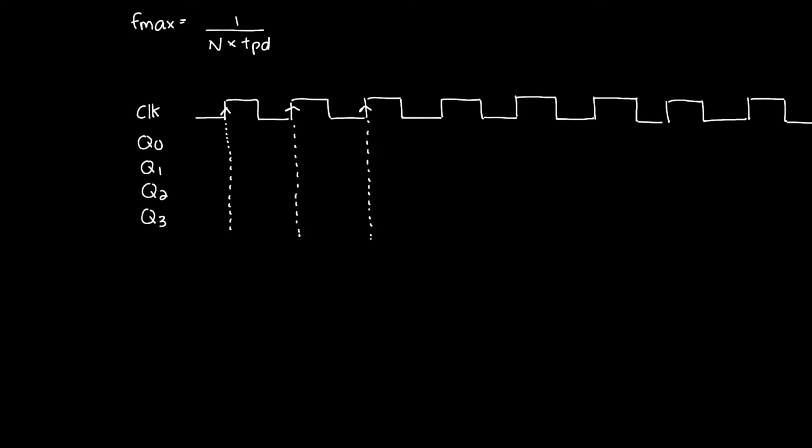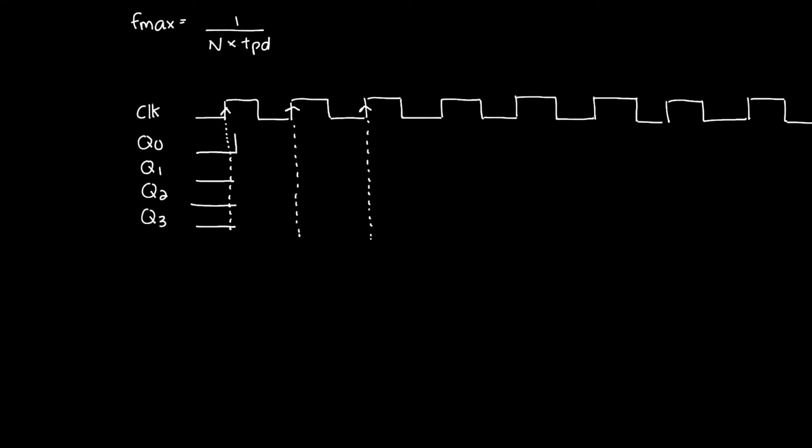We'll just do these for a couple. I'm arbitrarily going to say that I start looking at my timing diagram, and Q0, Q1, and Q2 are all going to be low. Now remember that they're all clocked by the same signal, which is this signal over here. So at some point, TPD, that's the propagation delay of a single flip-flop, after the positive edge of the clock, they're all going to change.